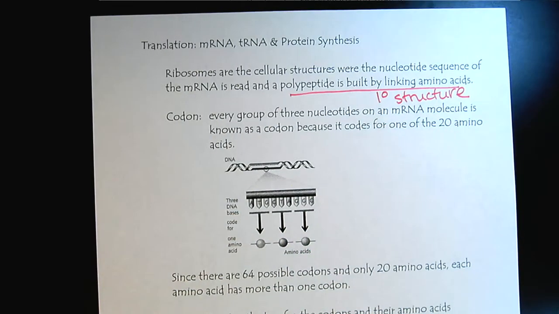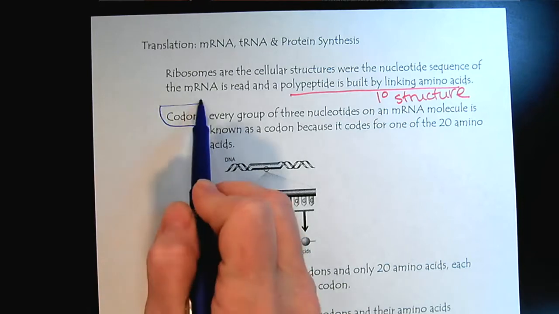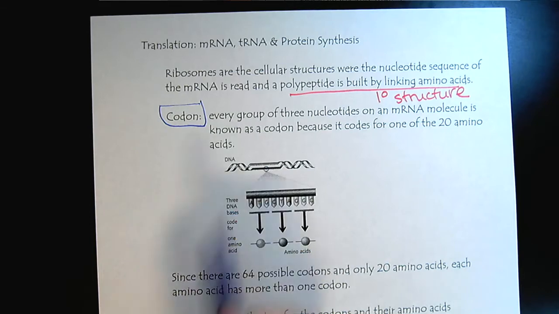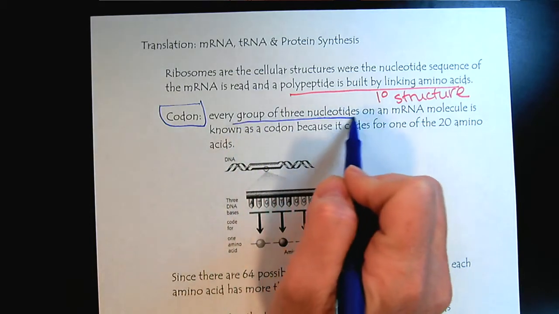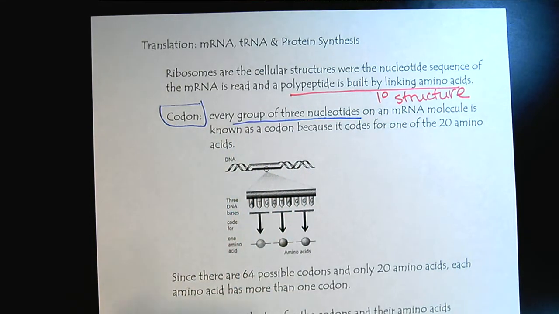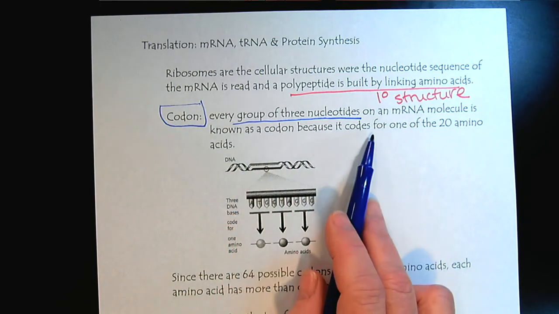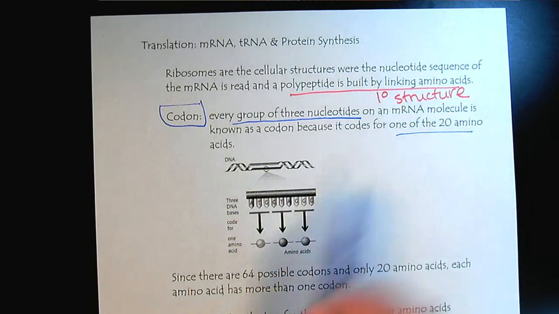It's interesting to note that we saw this before, the start codons. So what is it about these codons? Every group of 3 nucleotides on the messenger RNA is known as a codon because it codes for one of the 20 amino acids.